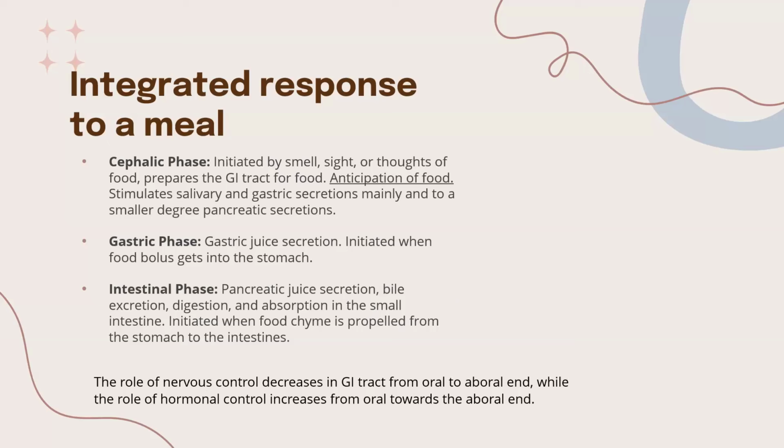So for example, the cephalic phase is controlled more by the nervous system than by hormonal control. And the gastric phase is kind of mixed, and then the intestinal phase is controlled more by hormonal control rather than nervous control.